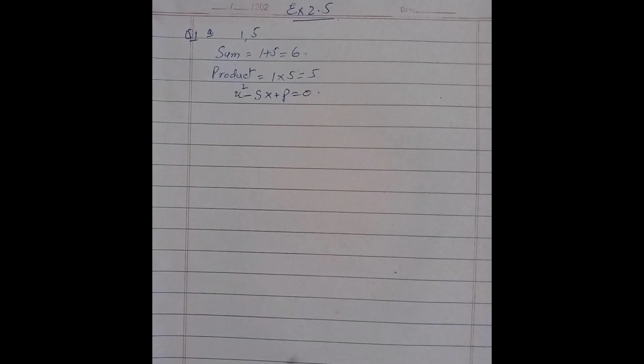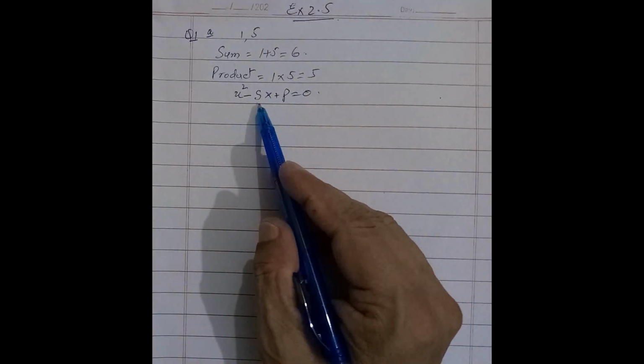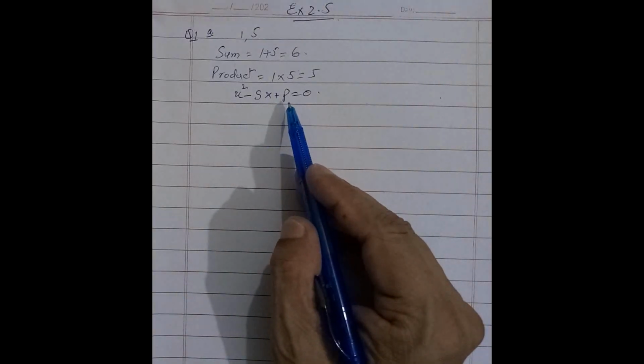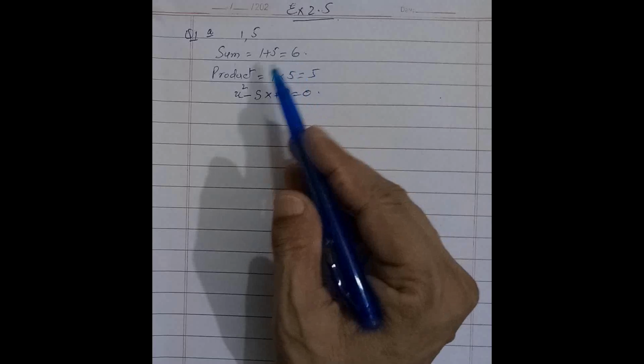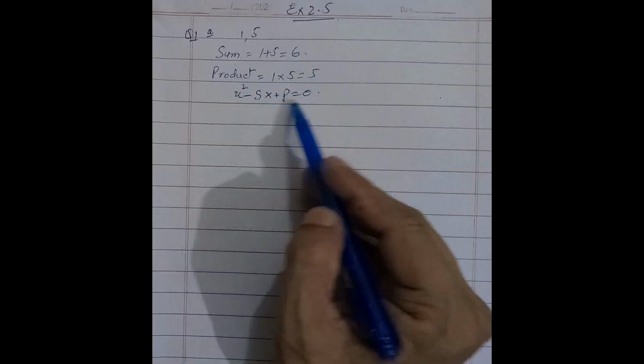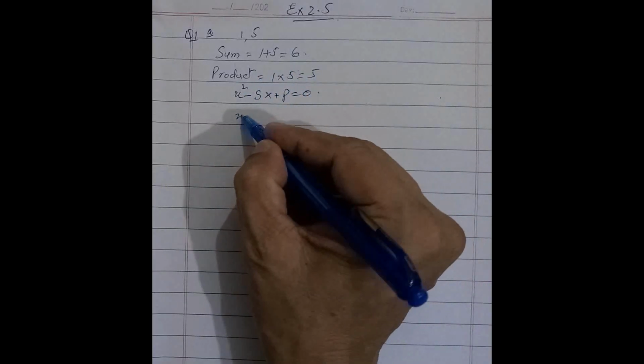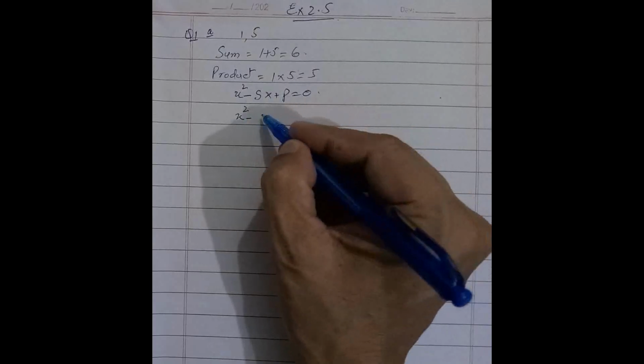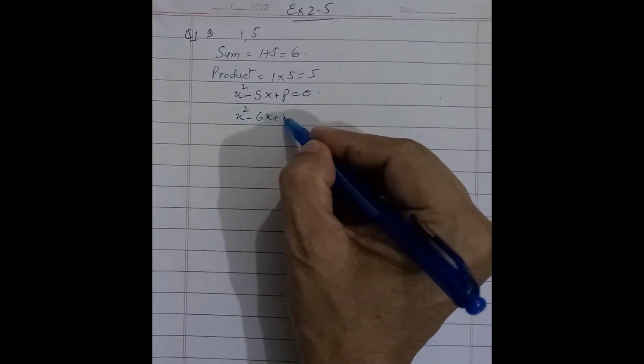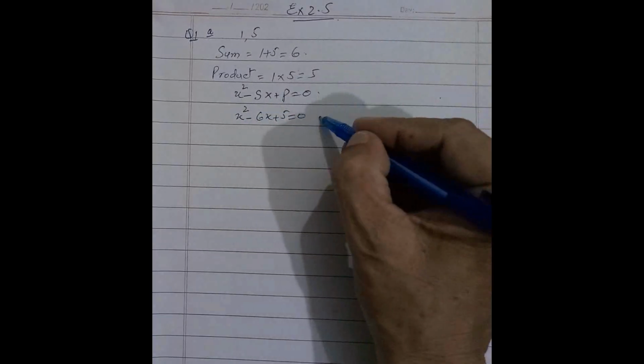In this equation, s stands for sum and p stands for the product. We put the values of sum, which is 6, and product, which is 5, in the equation. We get x square minus 6x plus 5 is equal to 0.